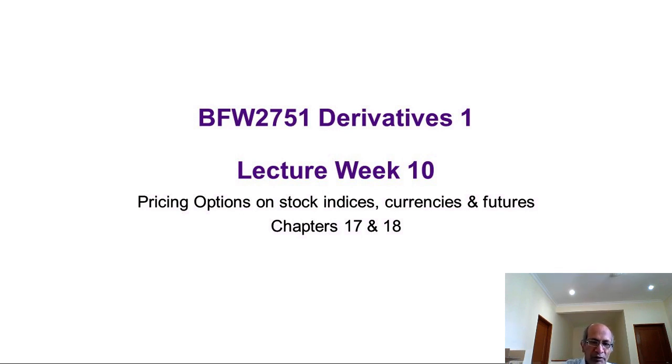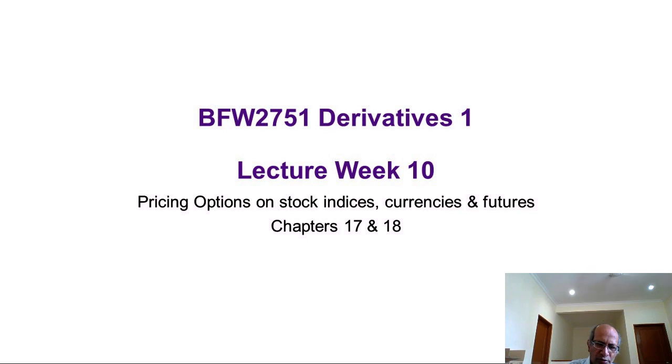Anyway, lecture 10. Not much here, which is why there was a delay also. The topic today is pricing options on stock indices, currencies, and futures. But more important here is to identify what happens when the underlying stock pays dividends.